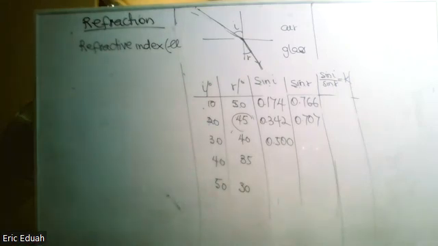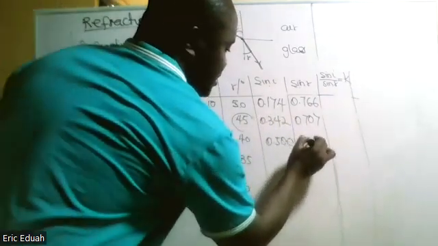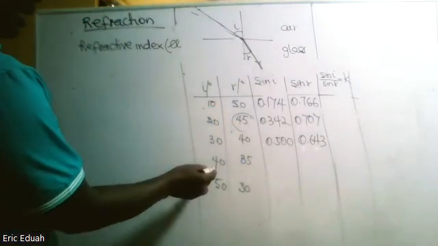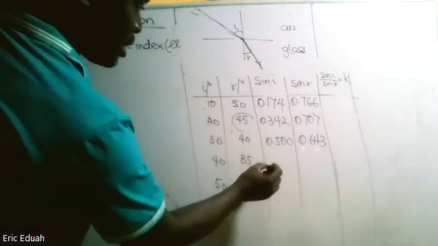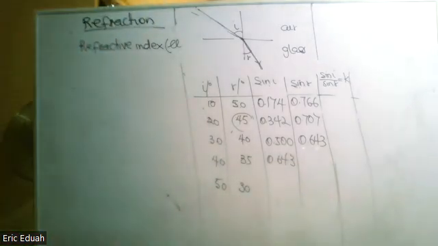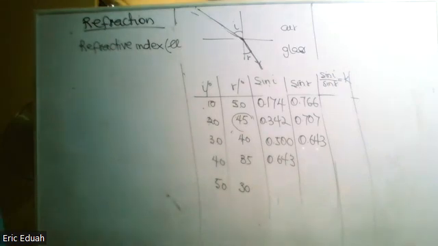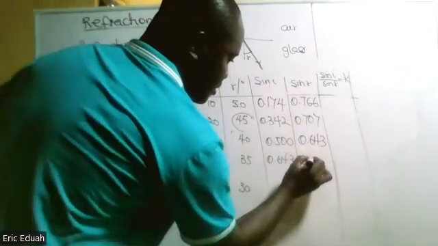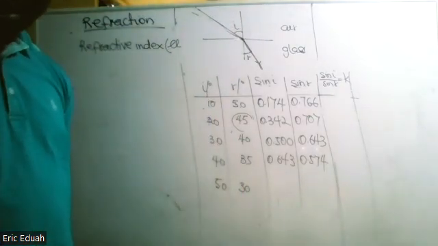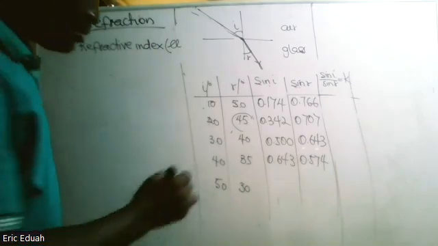Sine 40: 0.643. Sine 35: 0.574. Sine 50: 0.766.